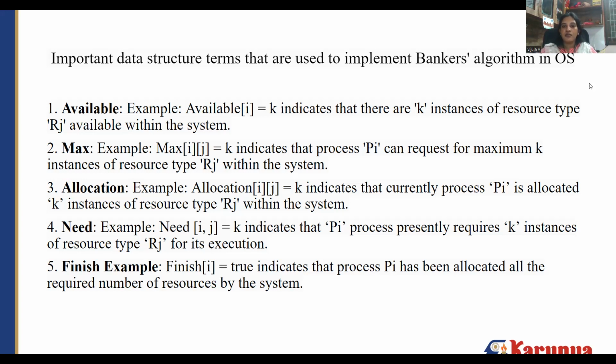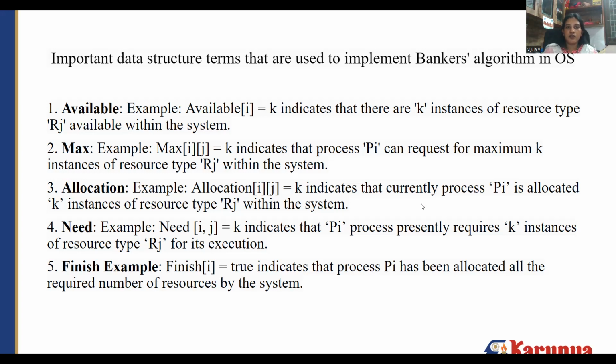And for allocation, K will indicate the current process Pi is allocated K instances of resource type Rj within the system. For need, K will indicate the process Pi presently requires K instances of resource type Rj for its execution. And for finish, true will indicate that process P has been allocated all the required number of resources by the system.